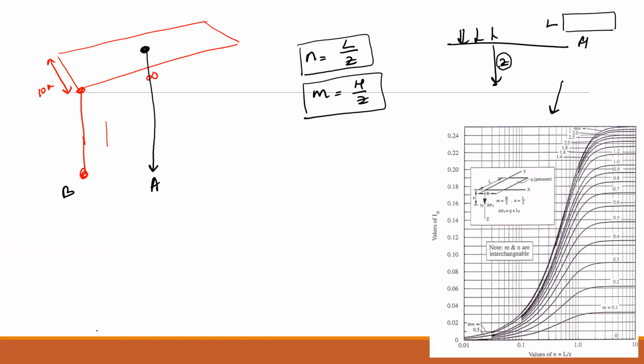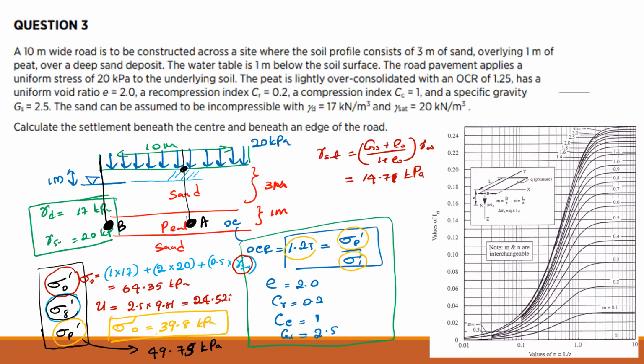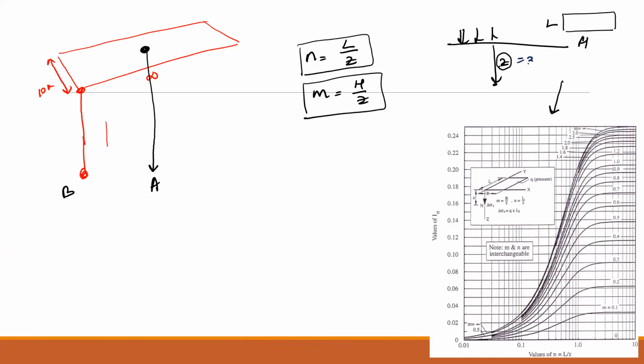So your Z is what? Z is from the top to this point A. A is at the middle of this layer, so half a meter, 3.5 meters. So Z is 3.5 meters. And L is, one is infinite, the other one is 10. So you can write infinite divided by 3.5 and 10 divided by 3.5.